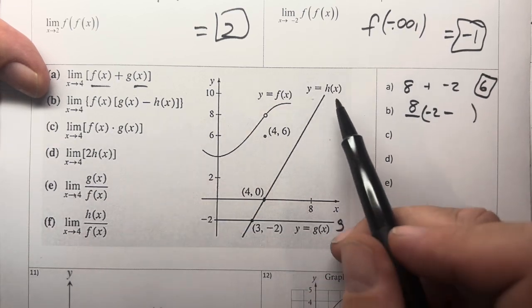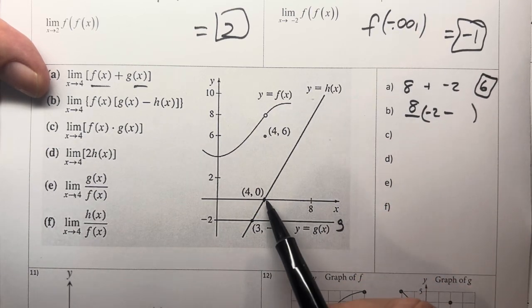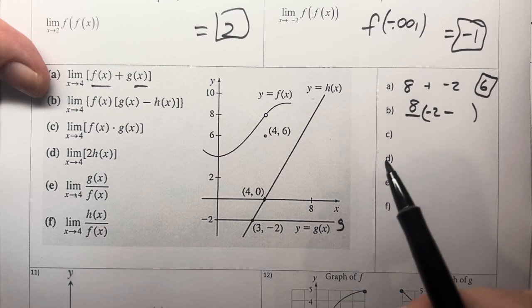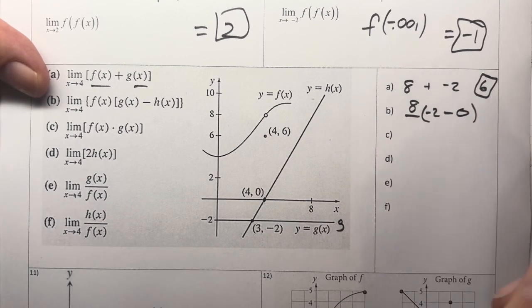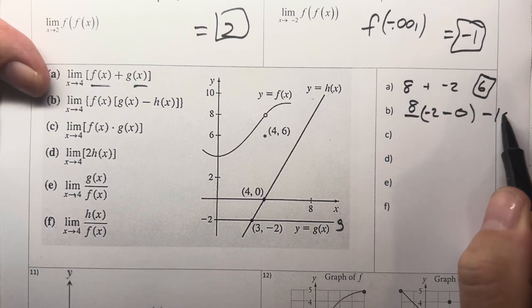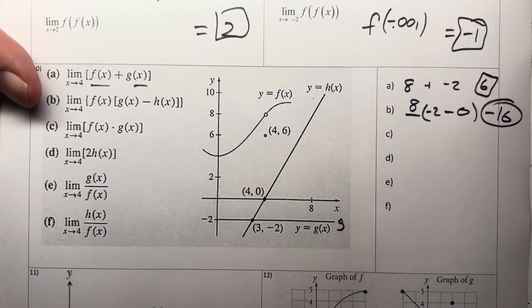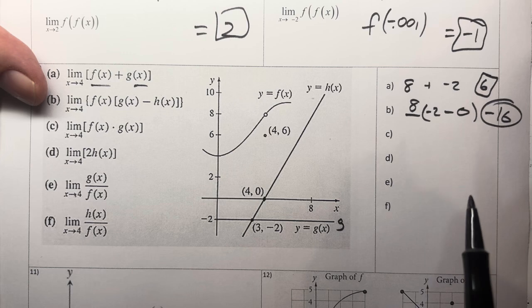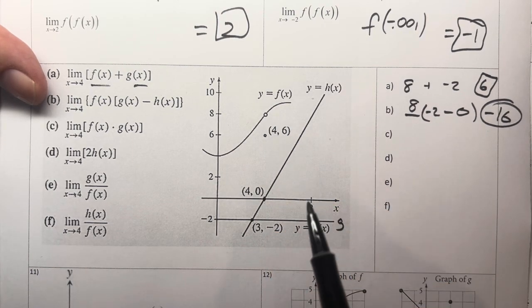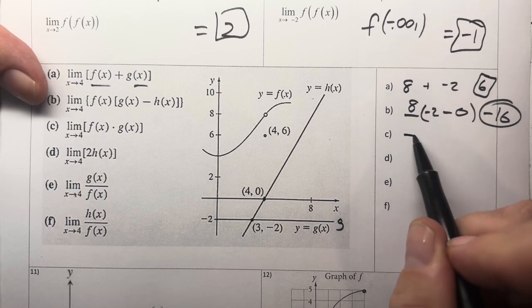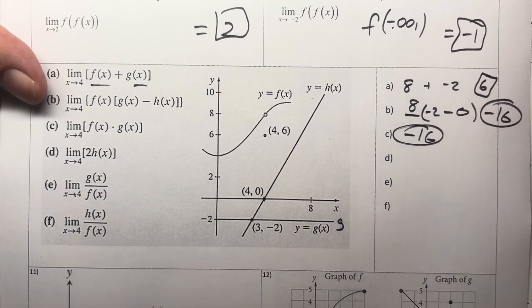And h, this time h is at 0, right? Yeah, h is at 0 because we're near 4. So 8 times -2 would be -16. So just practice being precise here. f times g. Once again, we're in limits, so we talk about the 8 and we talk about the -2. When you multiply them together, you get -16.